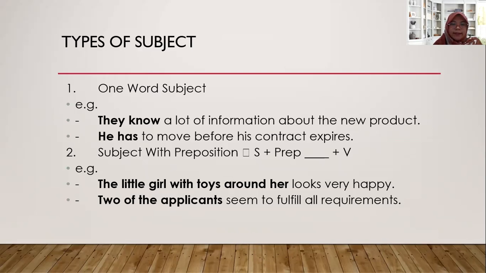And how about the second example? Two of the applicants, because this is very clear actually. Two is of course plural, and applicants has an s, so it means that it is plural. So seem doesn't need an s added to the word. Two of the applicants seem to fulfill all requirements.